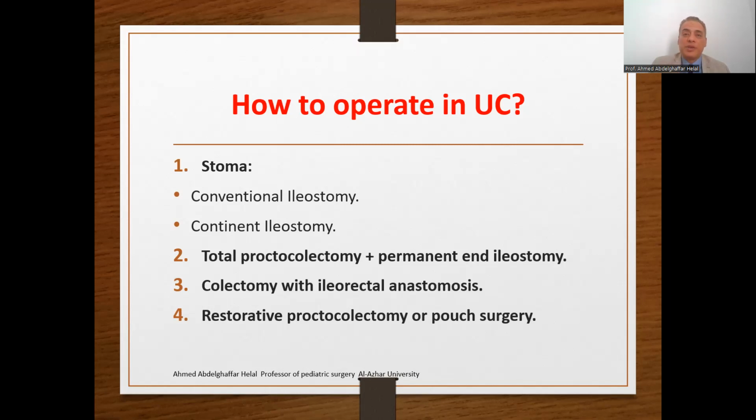Recently, there is what's called restorative proctocolectomy or pouch surgery. In such a technique, the pediatric surgeon removes the colon and the rectum and leaves the anal canal and sphincter. Then they perform an anastomosis between the small bowel and the anal canal, aiming to preserve or restore the function of the gastrointestinal tract.